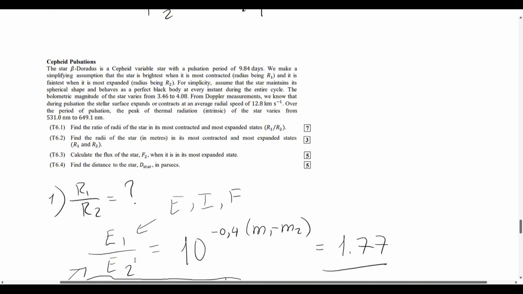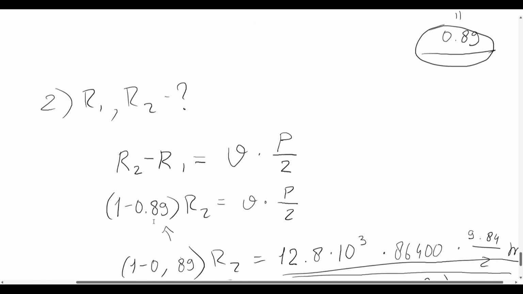Well, the easiest way to do that would be to get the absolute value of flux through comparing this flux with the observed flux of the sun. Okay, let's do that. Number 3.